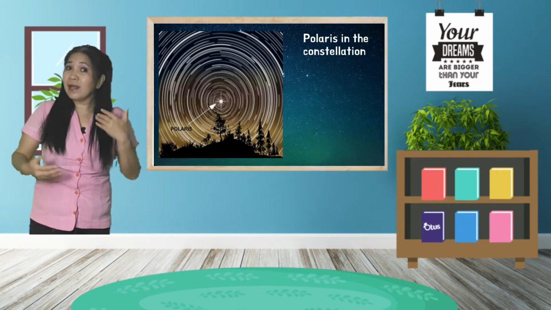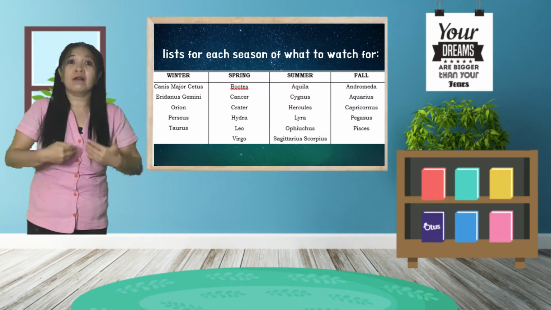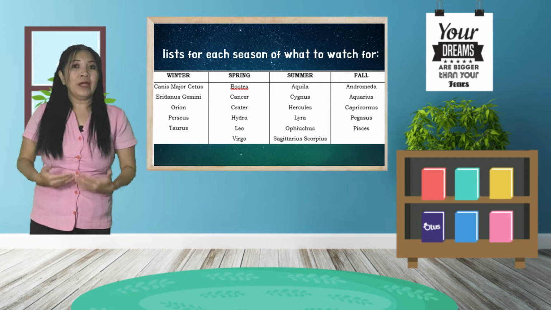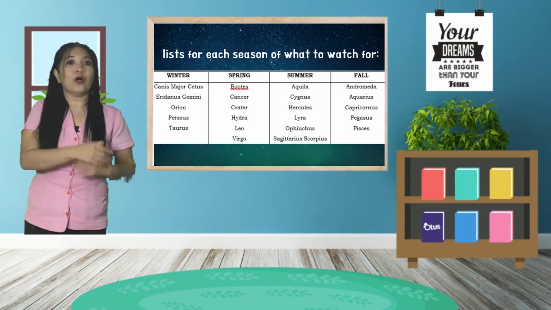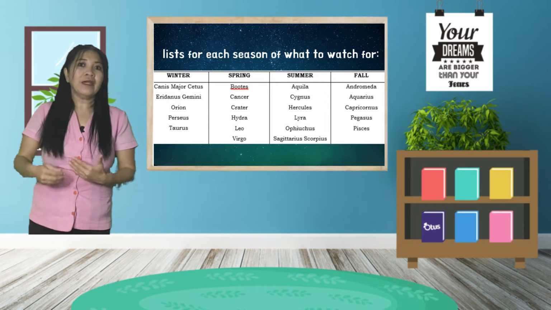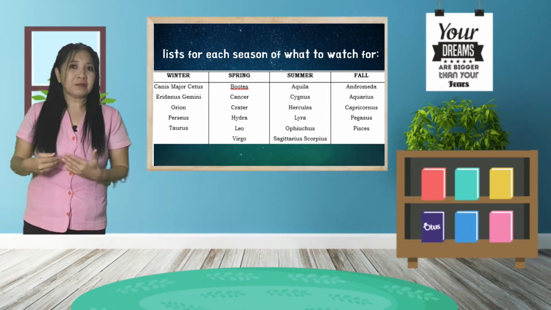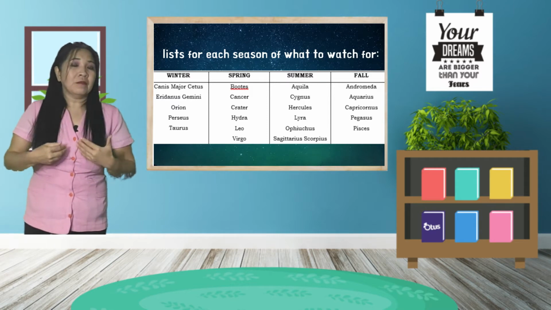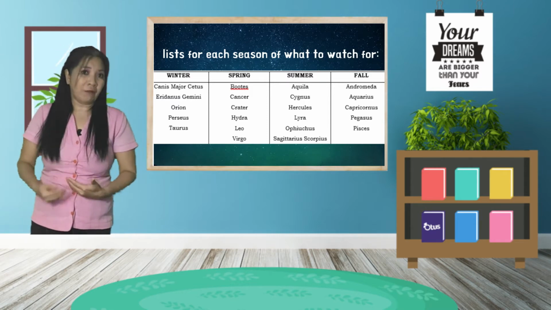These are the 30 visible constellations from the northern hemisphere, of which 5 can be seen throughout the year, while the others appear seasonally. Here is the list of constellations to watch for.